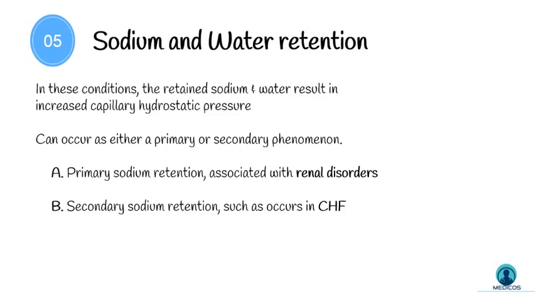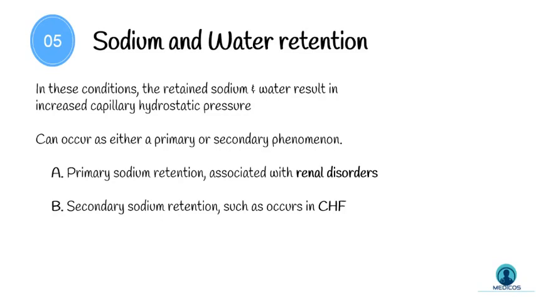As you know, nephritic syndrome decreases GFR, or glomerular filtration rate, which is perceived by our body as hypovolemia. So our body tries to compensate by increasing water and sodium retention through activation of the renin-angiotensin-aldosterone system, or RAS. And secondary sodium retention occurs in conditions such as congestive heart failure.